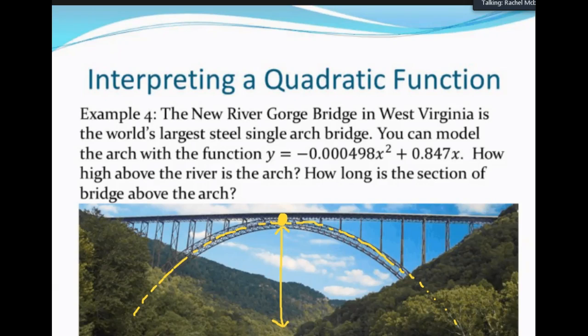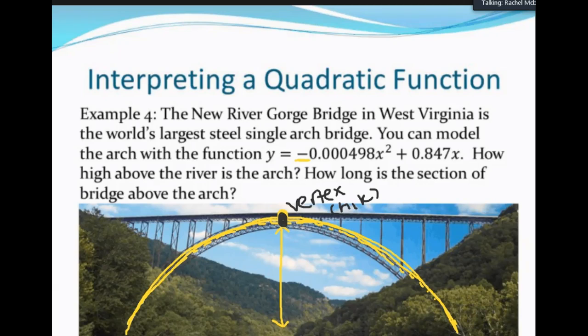It's open down like a frown, hence the negative on the A value. So what do we call the highest point or the lowest point of a quadratic? Yeah, the max or the min. The max or the min occurs at the vertex, which is represented by h comma k. So if I want to know the highest point of the arch, I want to find the vertex.